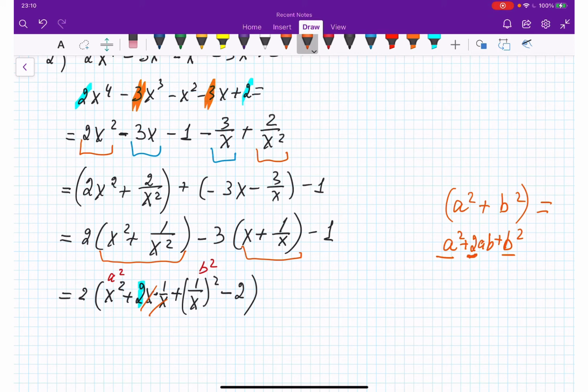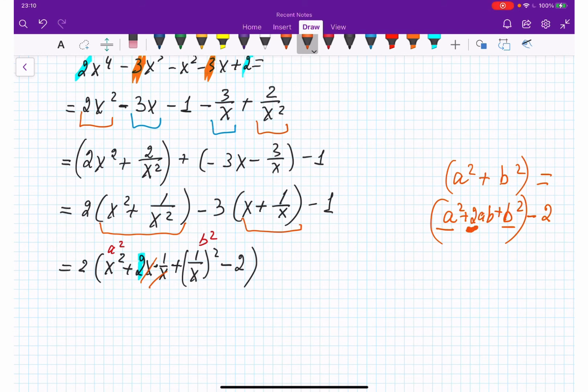And because I added these two, I'm subtracting these two also. And therefore, if I combine this trinomial, I will get a perfect square. All right.